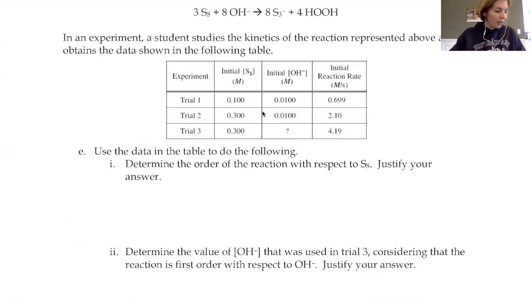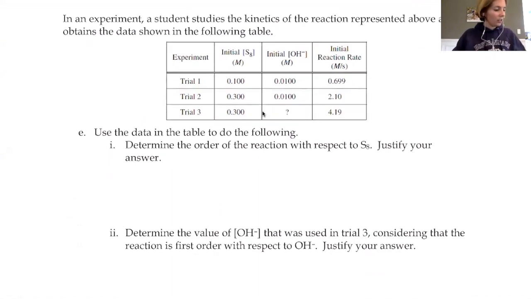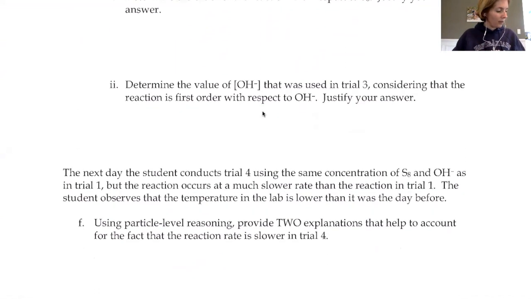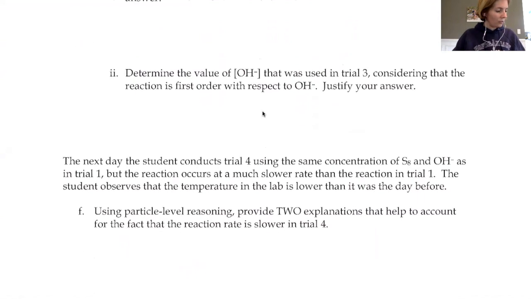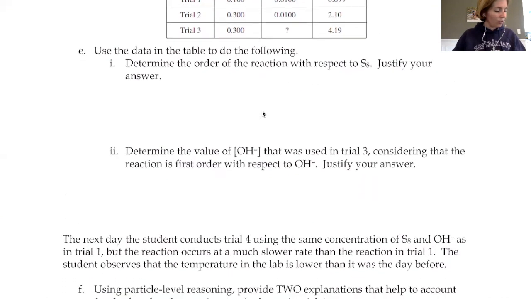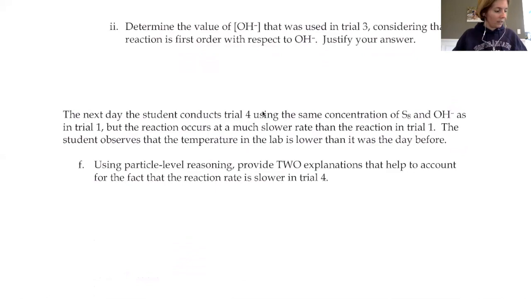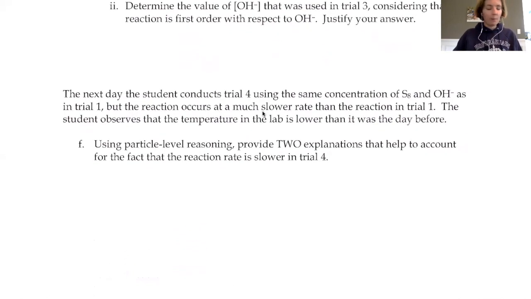So have a go at part E, parts 1 and 2, and you can also sneak a peek at part F. I'll give you a few minutes. Try E and F, see what you come up with, and then I'll put my answers up and we'll talk through them.